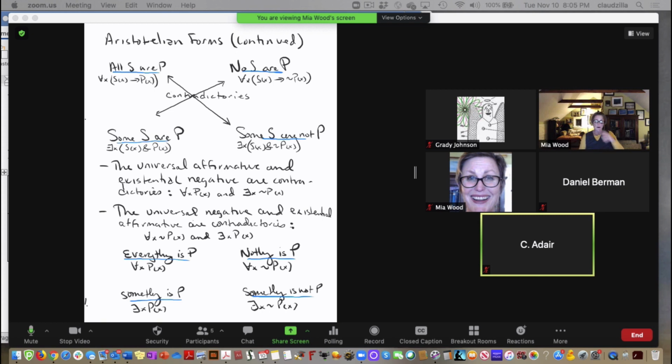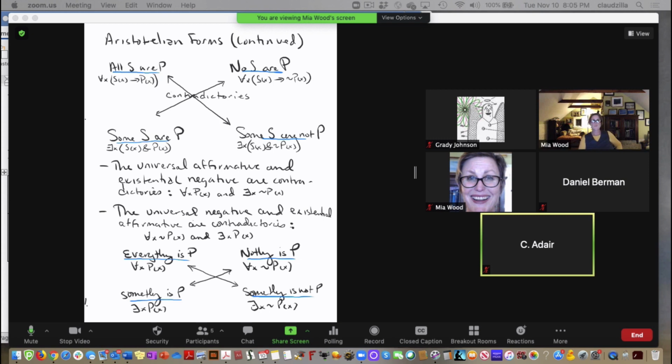Sometimes the reason why I use the bottom version that has fewer predicates and in general less notation is because sometimes it's easier to see. But let's now come back here to the contradictories. So we need to talk about whether or not it makes sense to you that these are contradictories, right?